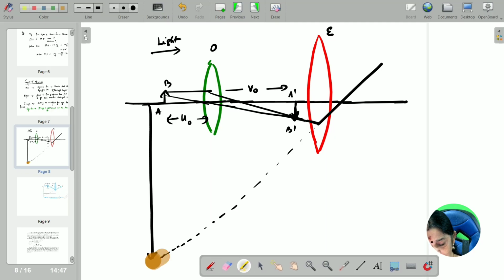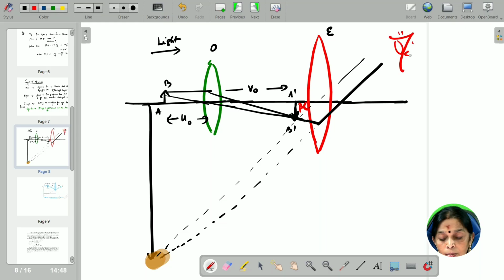Therefore, another ray of light I have to take here. After taking it, I am going to call this beta. This is where the image is formed: A double dash, B double dash.